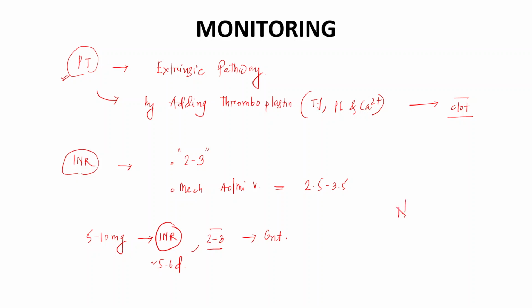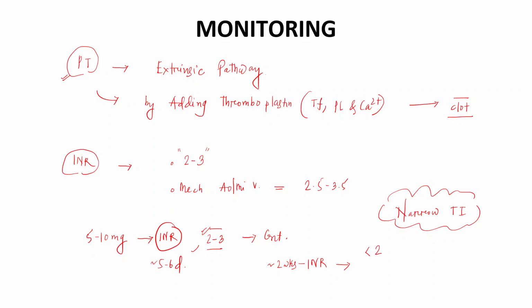Warfarin has a very narrow therapeutic index. That's why very frequent monitoring of INR is required. So once it is 2 to 3, we will continue with the same dose of warfarin, and after around 2 weeks, we will repeat the INR.